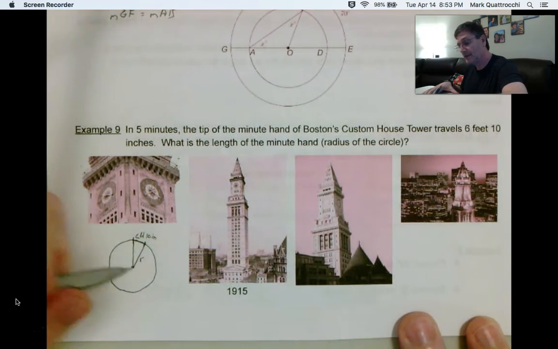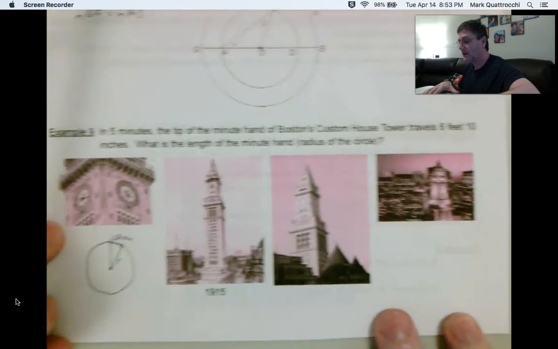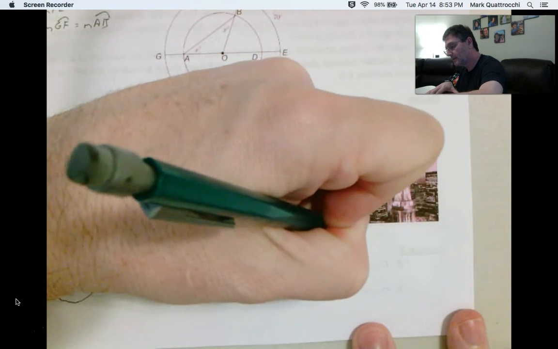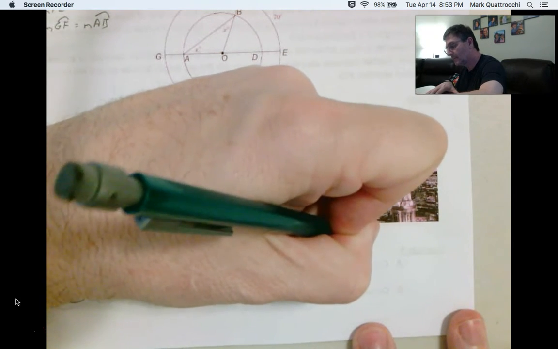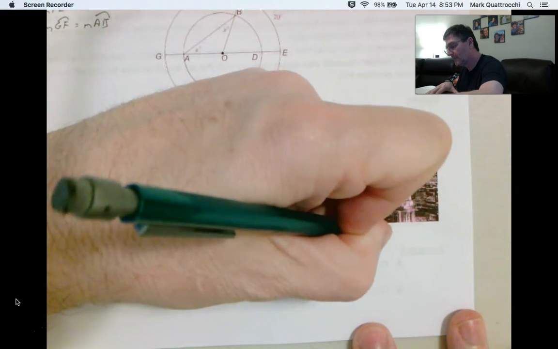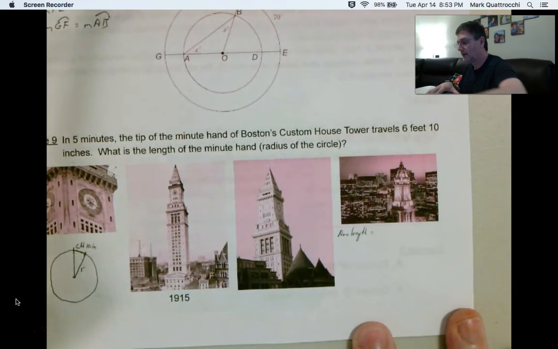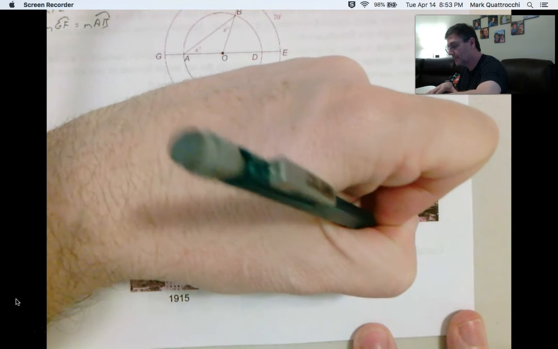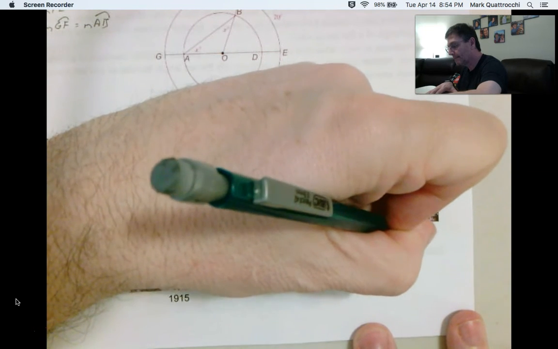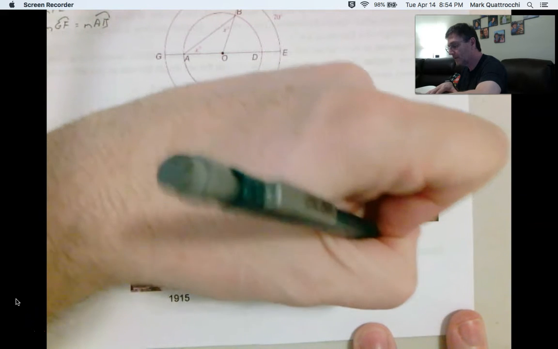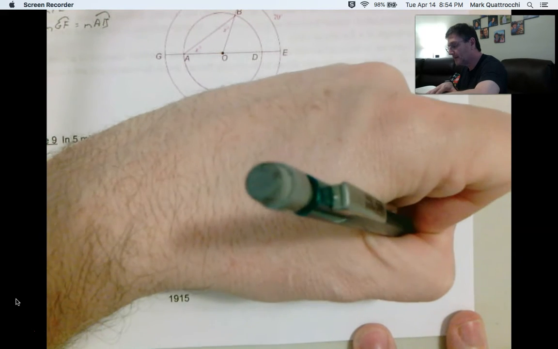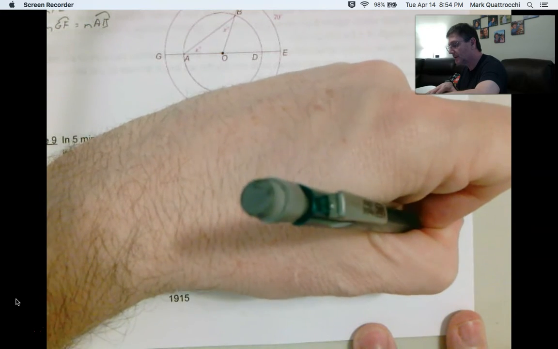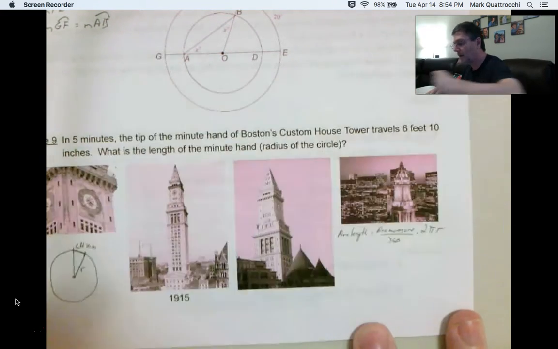Okay, so to answer that, let's go to our arc length formula. So arc length equals arc measure over 360 times circumference, which is 2 pi r.